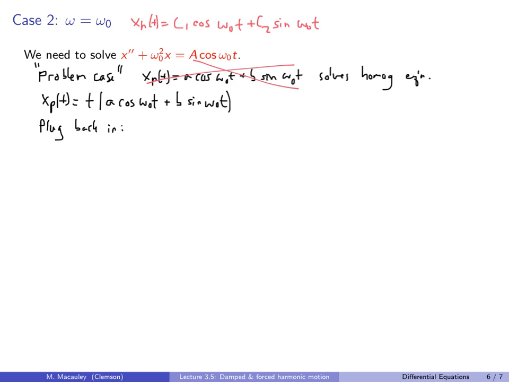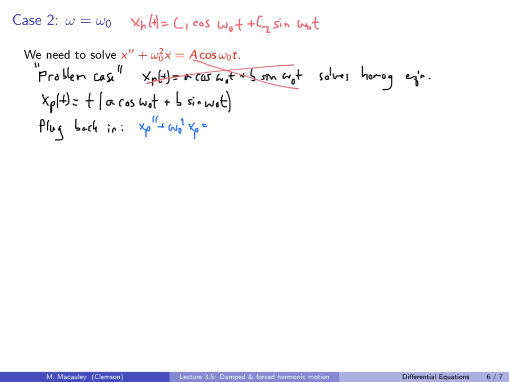So now we have xp double prime plus omega naught squared xp. Trust me that this is indeed correct. So the second derivative of this is, it's messy.